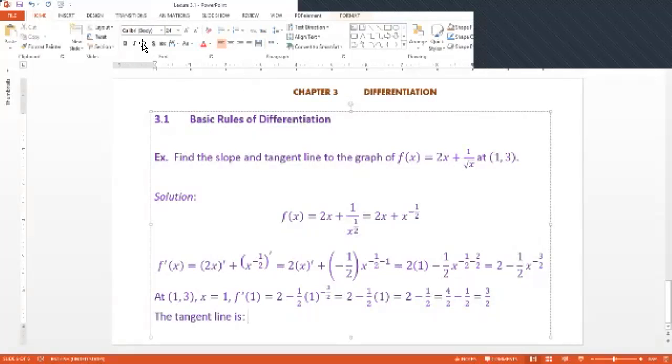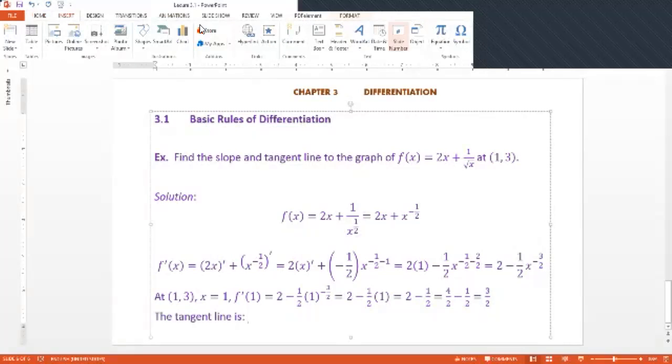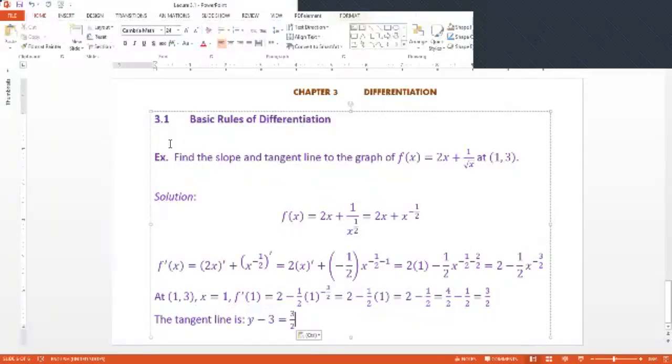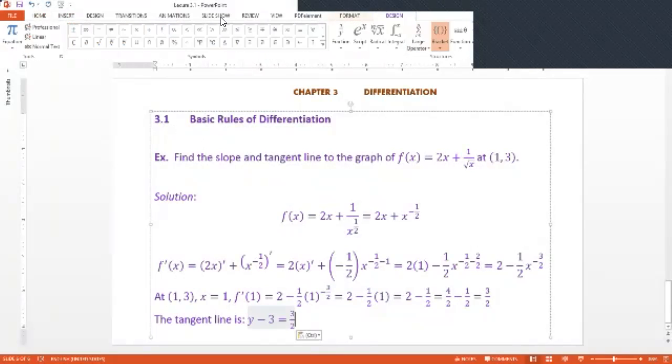So we can write down the equation of the tangent line as y minus 3 equals 3/2 times x minus 1.